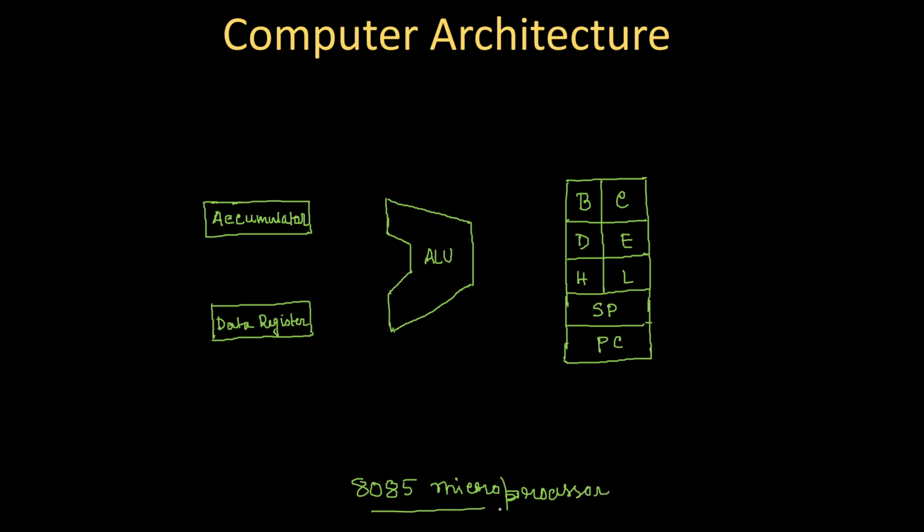This 8085 microprocessor has specific register names like B, C, D, E and H, L, and they are connected in such a way that B can work individually and C can work individually, and if required B and C can merge and act as a whole. This is the same for D, E and H, L also.